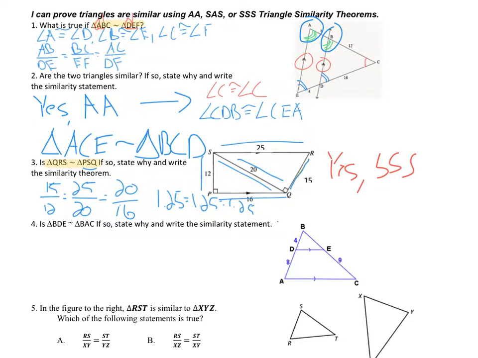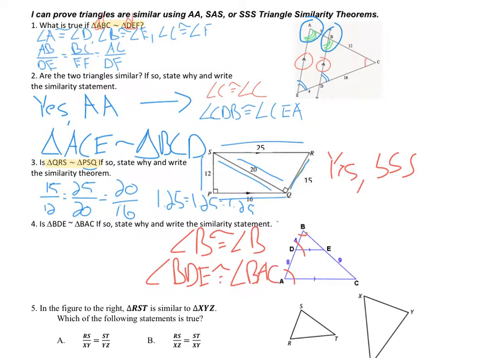All right, number 4. Are they similar? So as we look at it, again, similar to the one we did on number 2, I have a shared angle, so I have angle B. It's congruent to angle B. And then we have parallel lines, so then I can state that angle BDE is congruent to angle BAC.